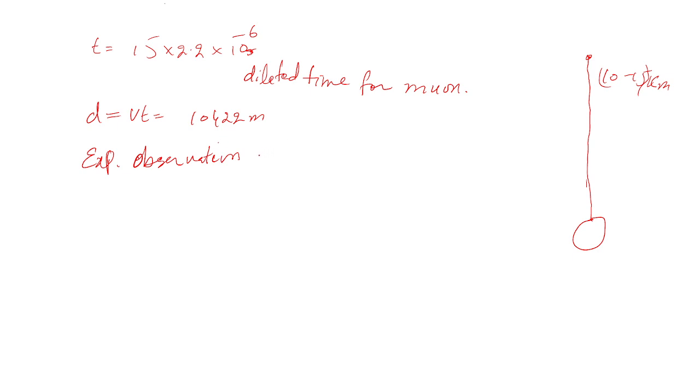which says that there are 170 muons per meter square per second.